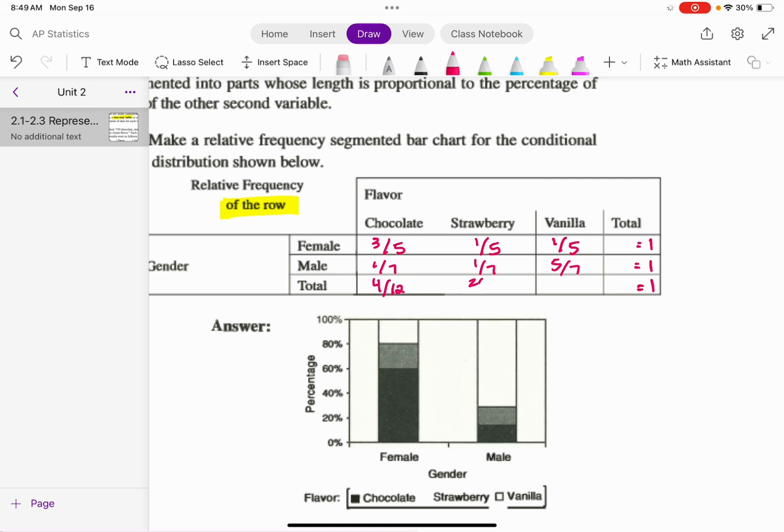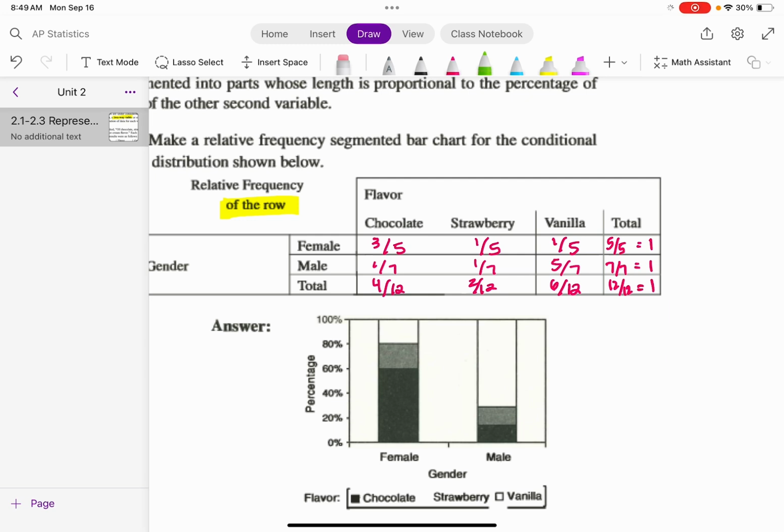Now your bottom row probably looks the same because it's a row of totals, and we're just making the row totals sum to 1. So this would be 5 out of 5, 7 out of 7, 12 out of 12.